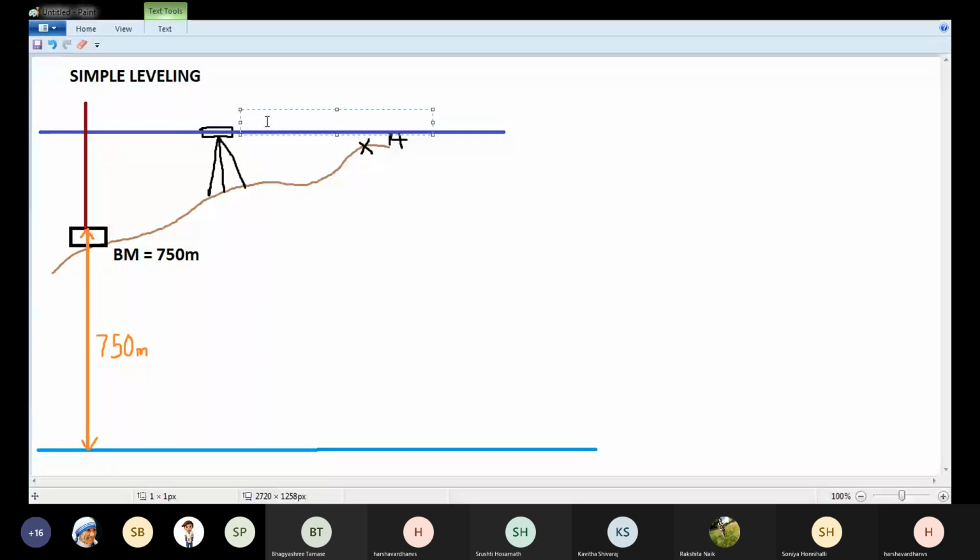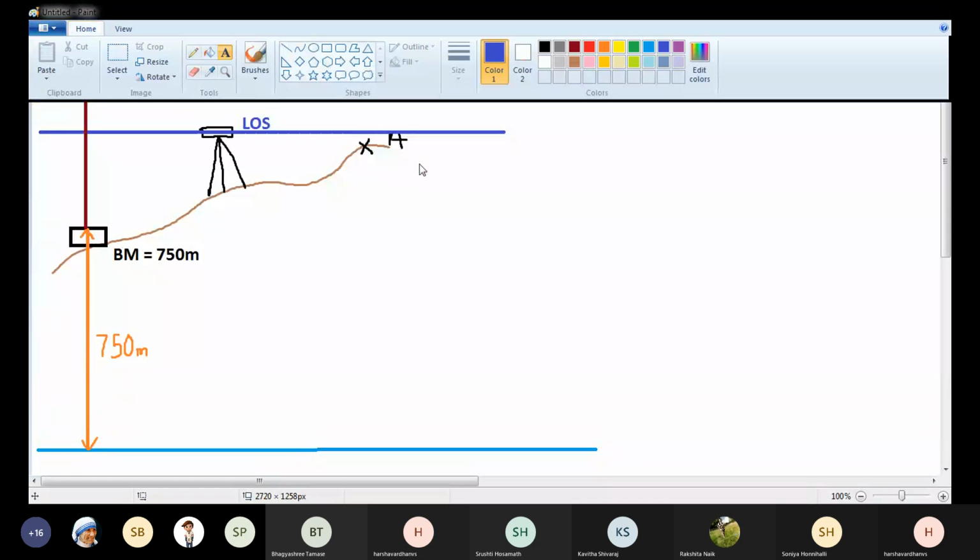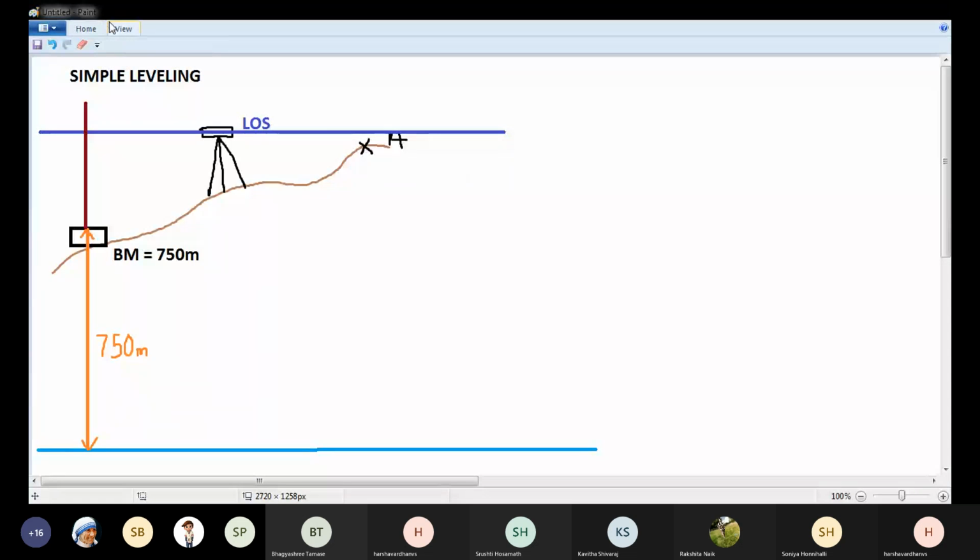So this is my line of sight. Along the line of sight, I get a staff reading of, let's say, 3 meters.